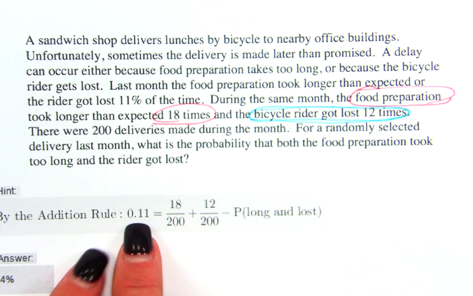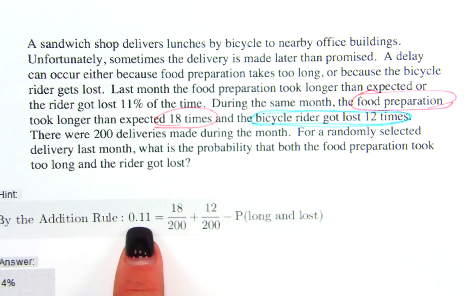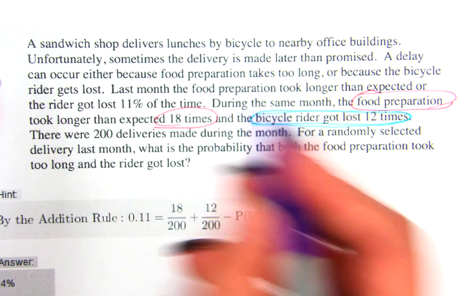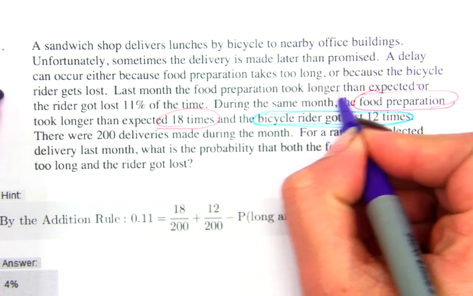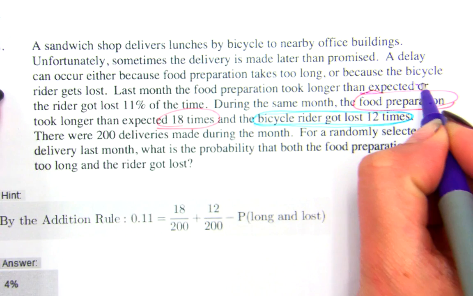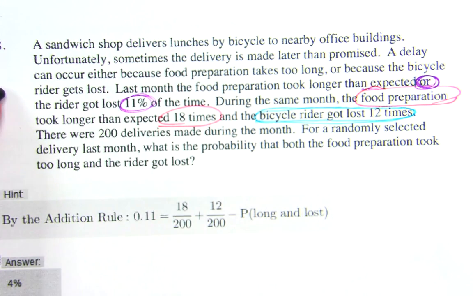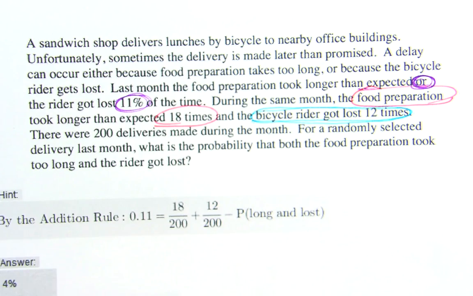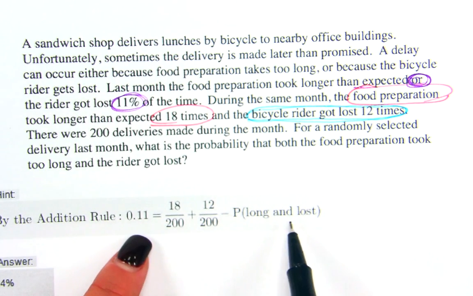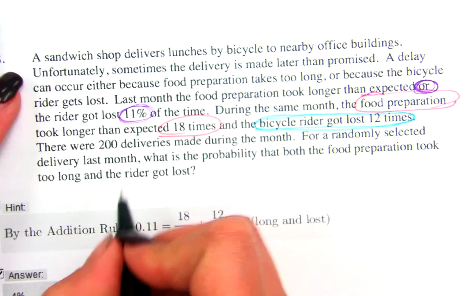So the answer, 0.11, is what happens if it's the union of the two. So this was the "or" part. We need a different color. Maybe purple. Something took longer than expected, or here's the "or," the rider got lost, 11% of the time. I'm going to back this equation up one more step so you'll see what happens.